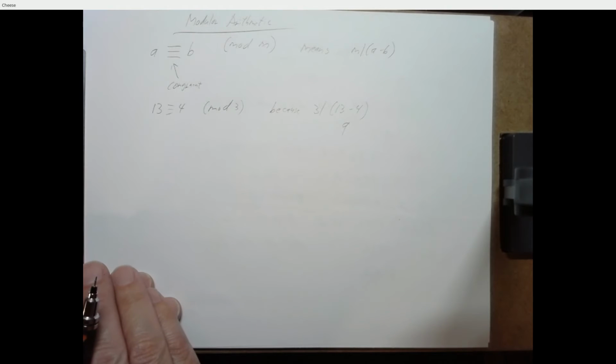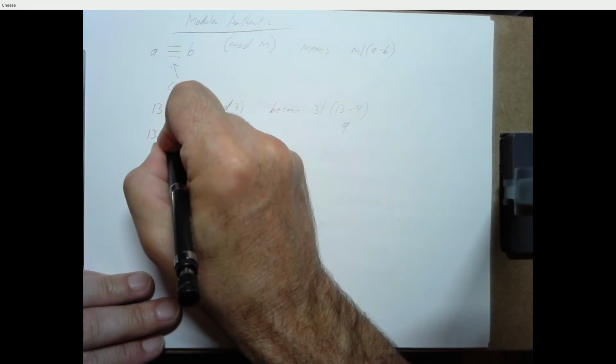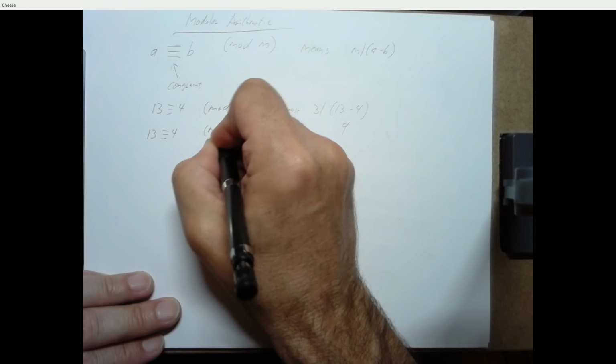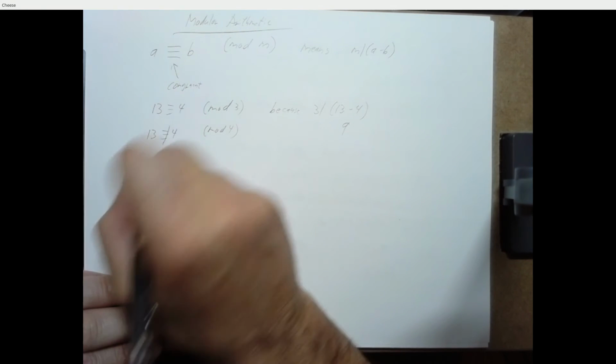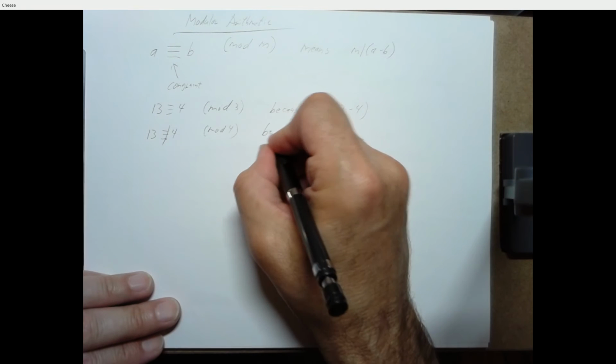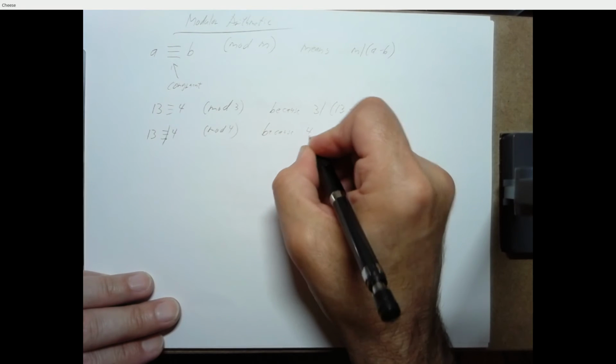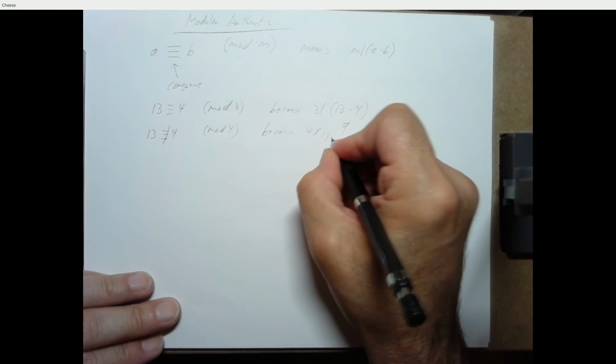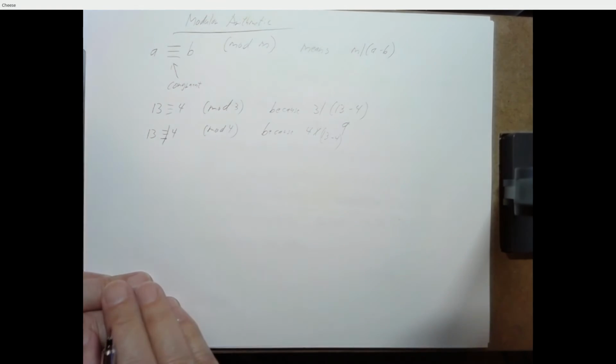Modulo 4, 13 is not congruent to 4 because 4 does not divide 13 minus 4. 4 does not divide 9.